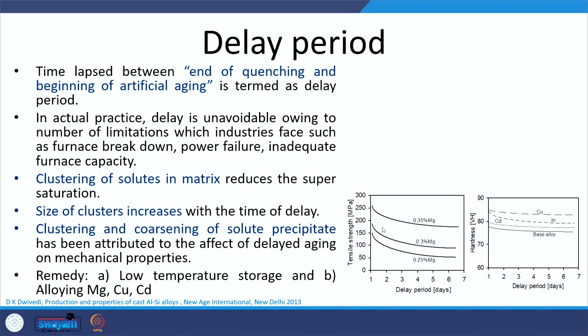Addition of magnesium reduces the drop that happens due to the delay, and similarly we can see cadmium, indium, and copper. Addition of these elements increases the hardness, but the effect of the delay is somewhat reduced.